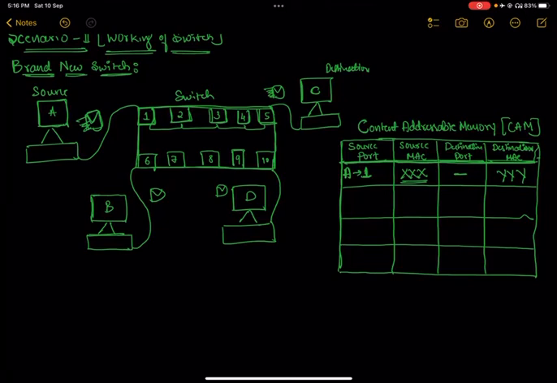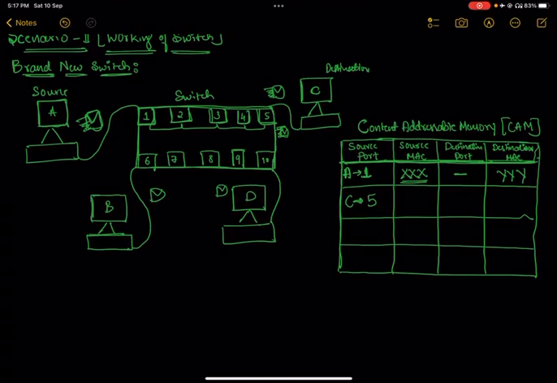Now let's try to understand from the perspective of C. For C, when it sends a packet back to the switch, the source port would be 5. And then when the packet comes to the switch, the switch would understand that system C is connected to port 5.